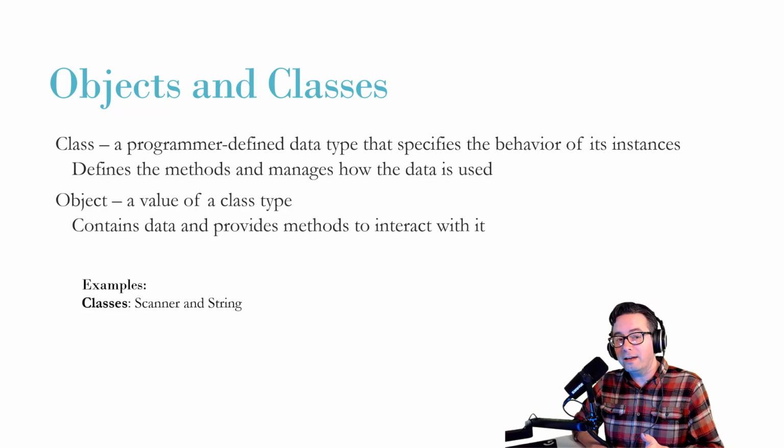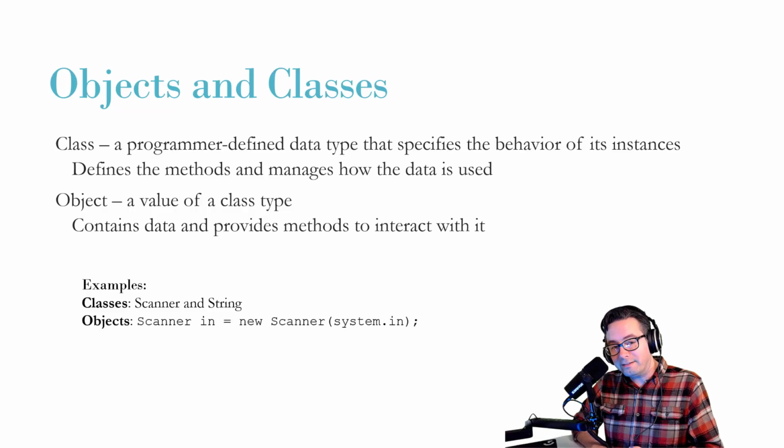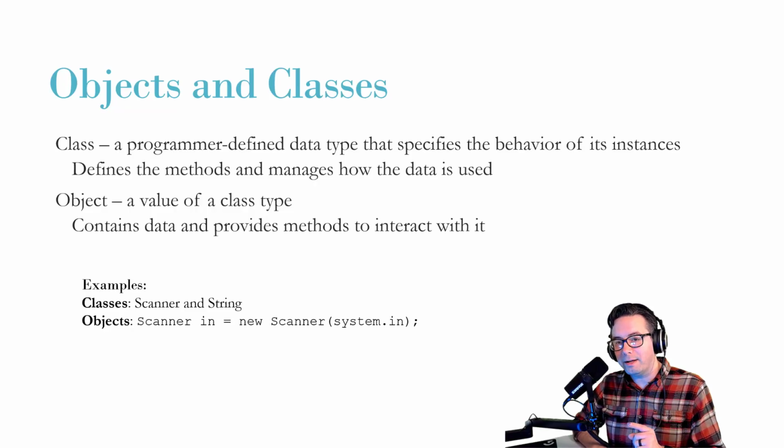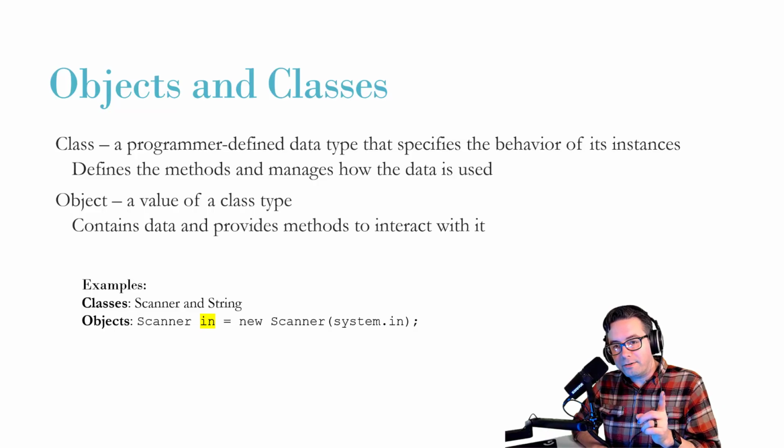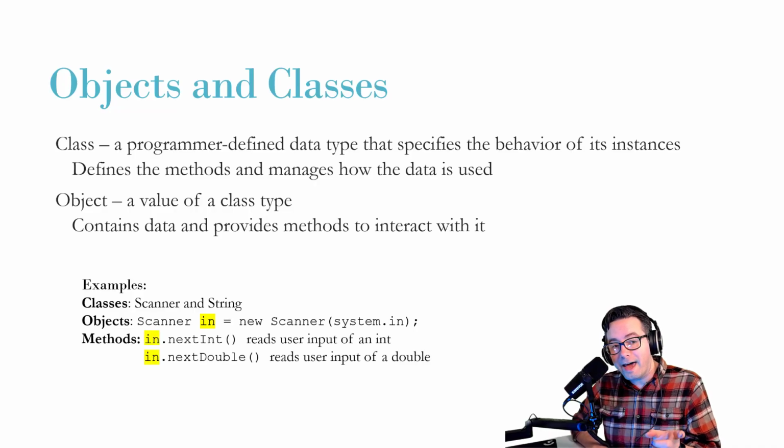Scanner and string are both classes. Looking at the scanner, when we created a scanner, notice that it was Scanner in equals new Scanner(System.in), and that System should be capitalized, right? But that in this case is an object, right? When we use the methods, they were tied to that object.